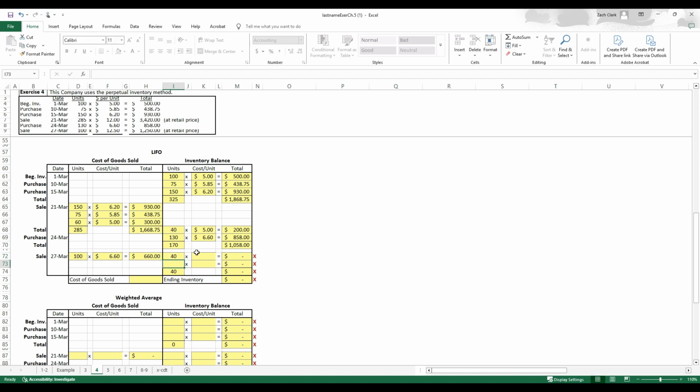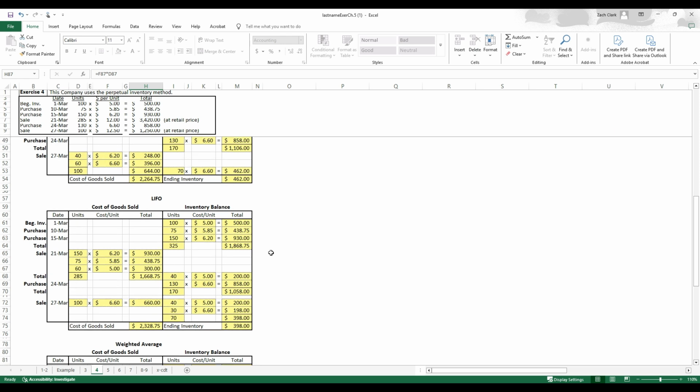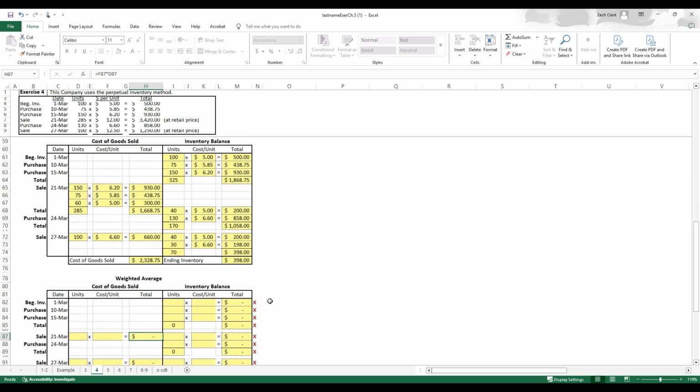So we have the 40 units completely untouched, so that whole thing is still there. But then we've got only 30 left because we took 100 from this layer when we sold that. So we have 30 at $6.60. And then again, let's add up our total cost of goods sold. So you see a little different amounts because we started with different layers, FIFO versus LIFO.